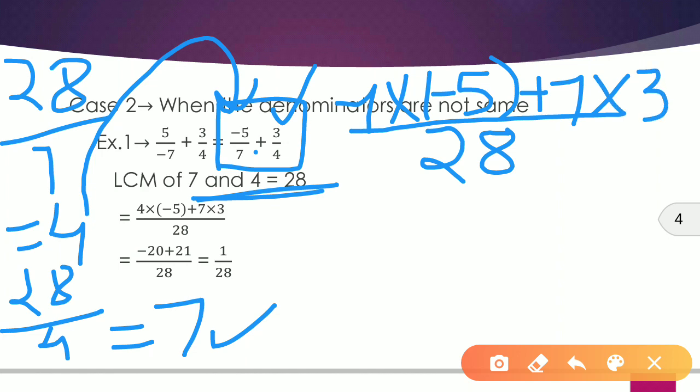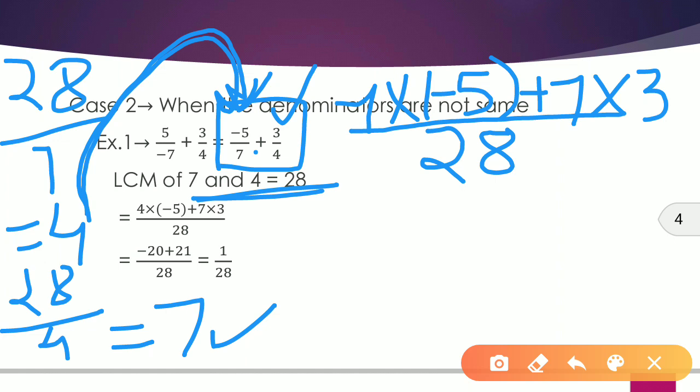Once again I am repeating it. First you take the LCM of 7 and 4, which is equal to 28. In the denominator you write 28, then 28 divided by the denominator of the first rational number, which is 7. This gives you 4. Multiply this 4 with the numerator of the first rational number, means 4 into minus 5.